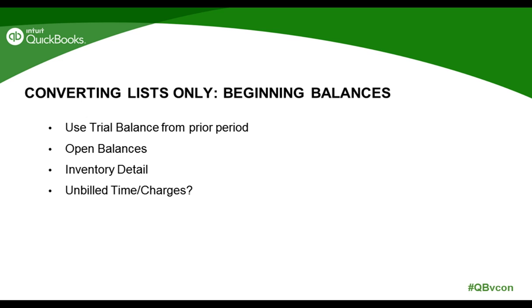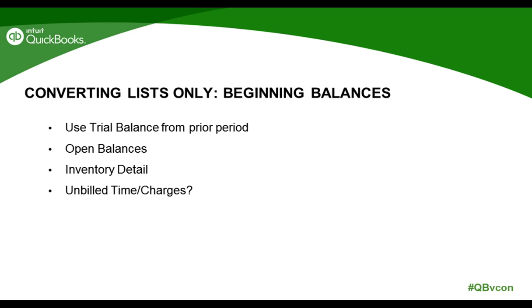Another thing is if there are any unbilled time and charges, you also want to assemble a list of time and charges that are going to be billable to customers that have not been billed yet and are not included in the list of things above, right? So they're not AR or AP.